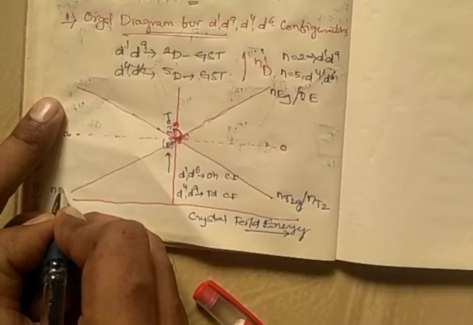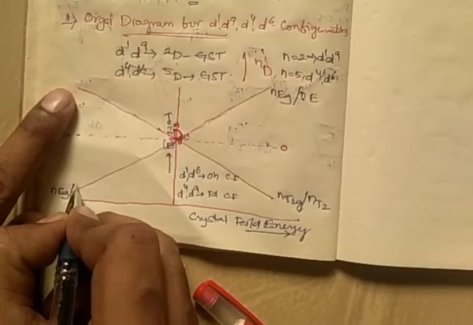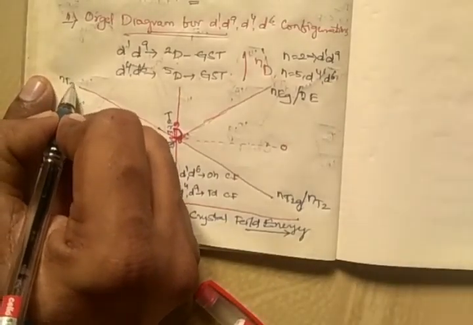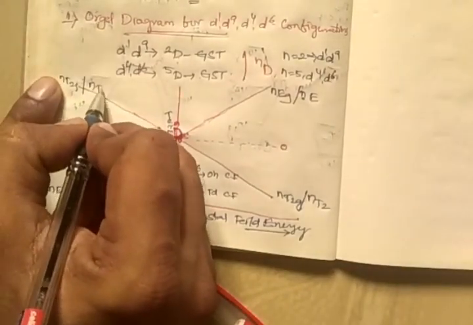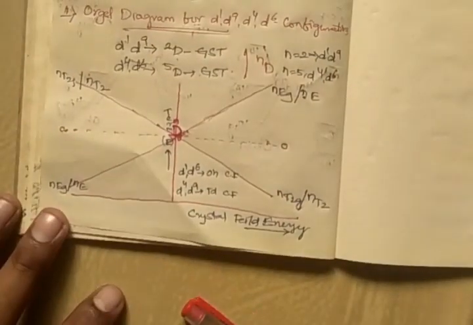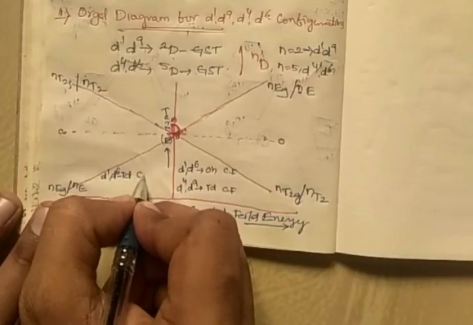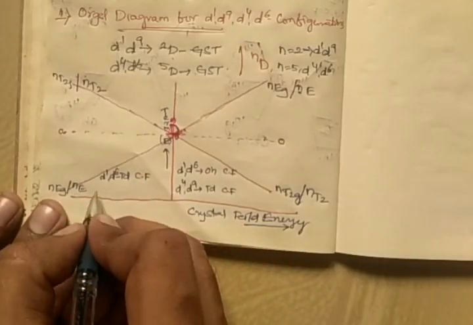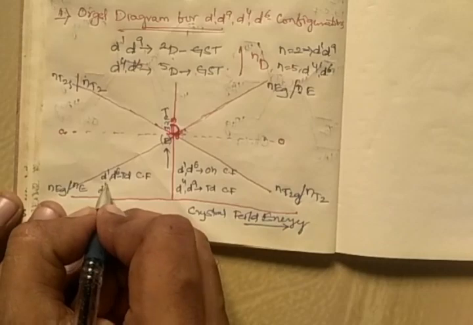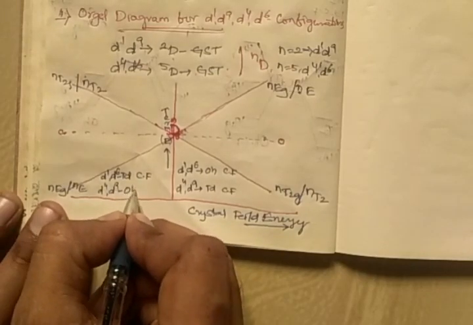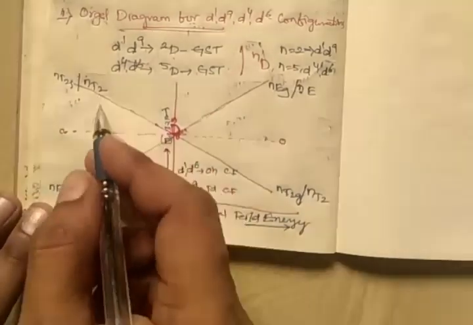So next, coming to the other half, it shows the reverse of the Orgel diagram. Here it would have nEg or nE in the lower energy state, and nT2g or nT2 in the higher energy state. This particular splitting pattern shows the D1 and D6 configurations in a tetrahedral crystal field, and the D4 and D9 configurations in an octahedral crystal field will be shown here, right?